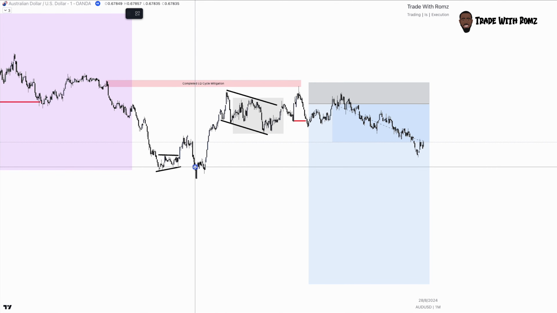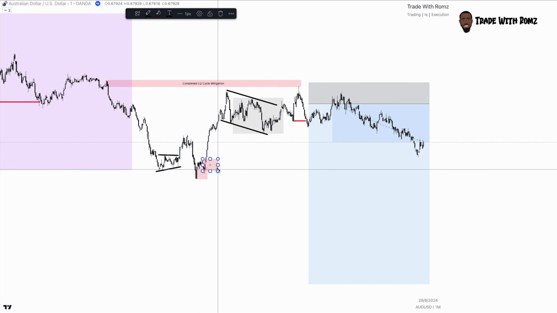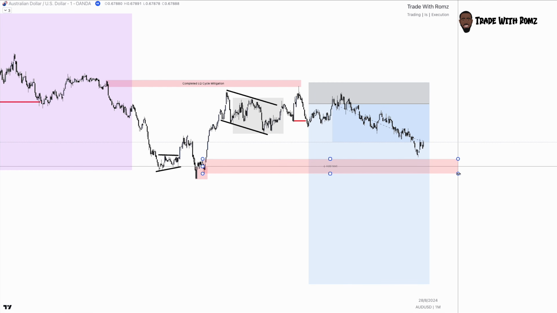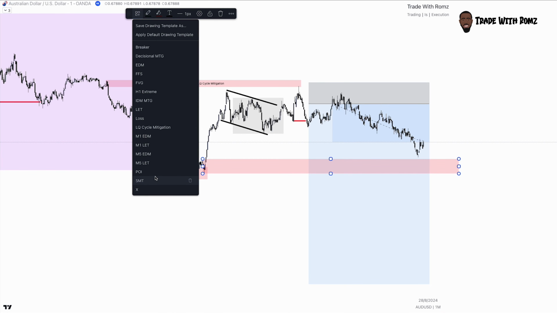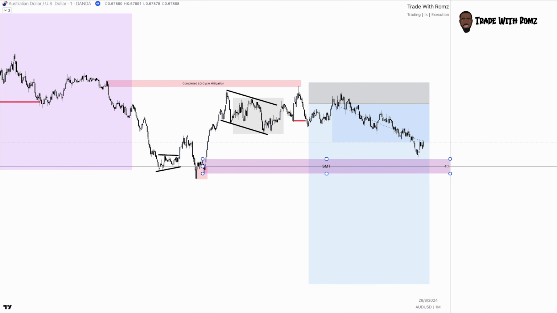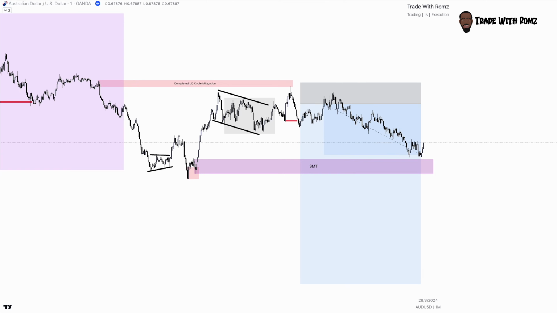So what we had there, for me, would now become an SMT, smart money trap, okay? Fake breakup structure, and then mitigation of the zone. So I'm looking at this, price is playing along.